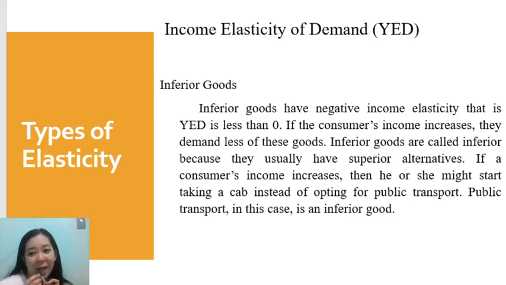Meaning if a consumer's income increases, then he or she might start taking a cab, for example, instead of opting for public transport. So public transport in this case is an example of an inferior good, meaning there is a superior alternative. Again, as mentioned earlier, as the income of the consumer increases, their standard of living will also tend to increase.